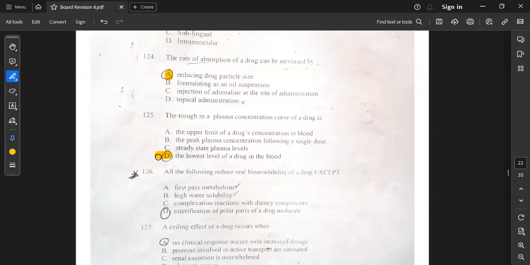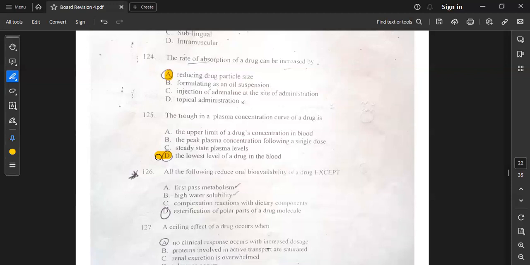But if someone understands the meaning of this statement, maybe they can explain how it affects bioavailability, since we have eliminated that answer. Let me just confirm something, maybe with the chemistry people.